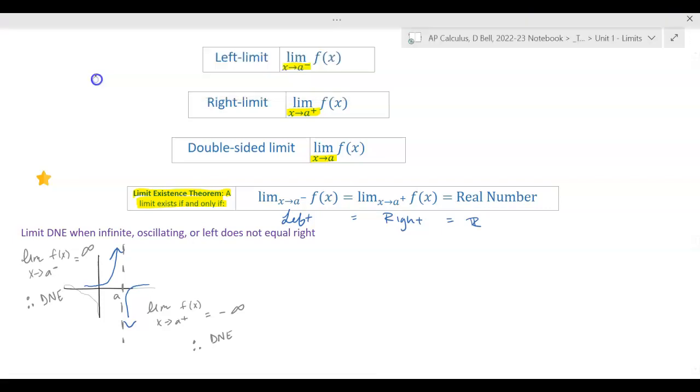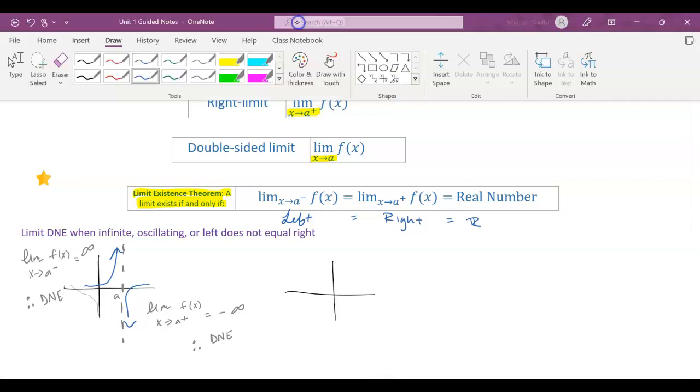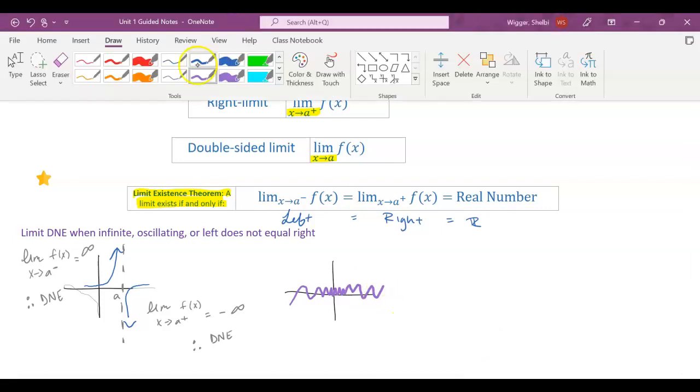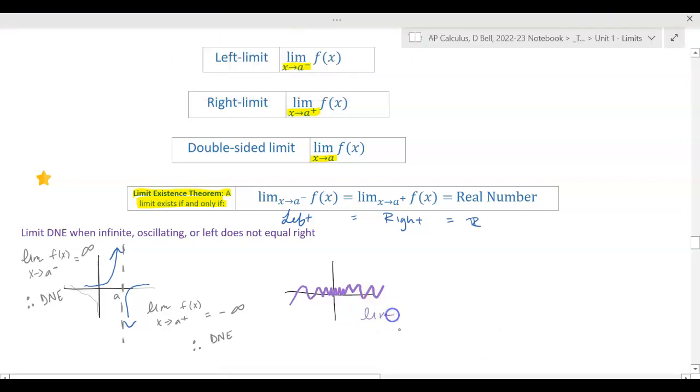Oscillating means it's going up and down forever. So we see this in trig functions a lot. So if I'm getting closer to 0 and the function's going up and down more, then the limit as x approaches 0 from either direction is not going to exist because it's continuing to change.